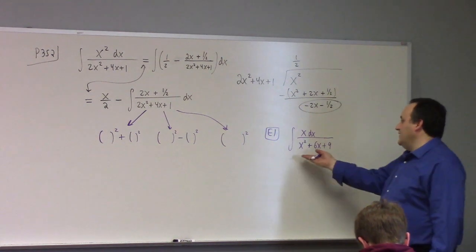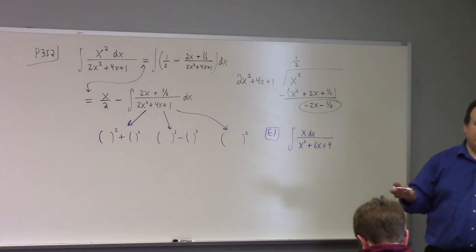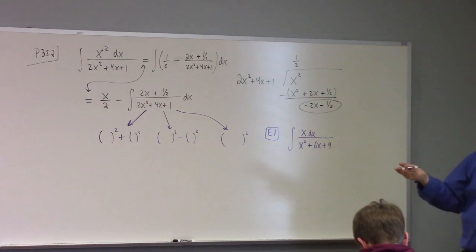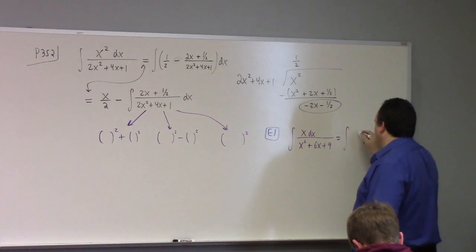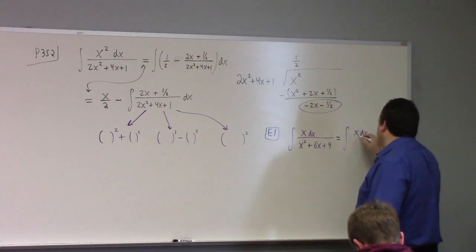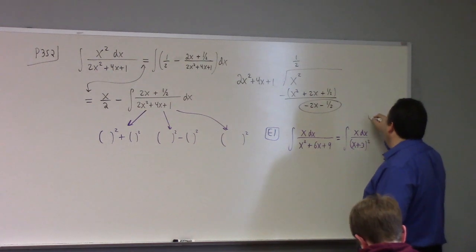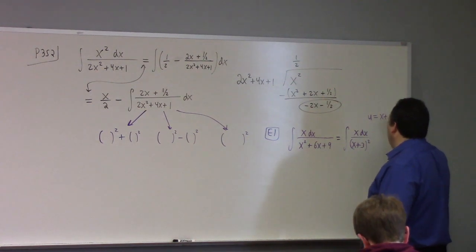If you make the denominator equal to u, it's going to be very frustrating. It's not going to work, right? But if you factor, which is, by the way, just completing the square here, then you see, oh, I can just let u equal x plus 3.